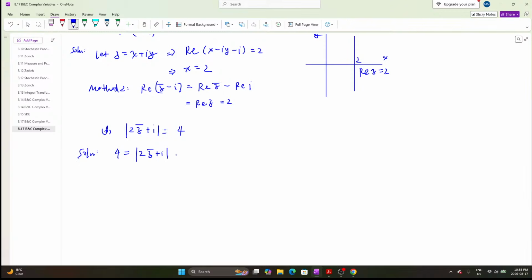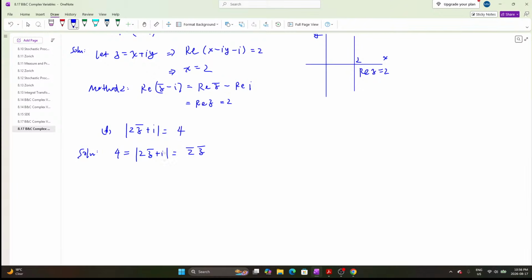Here you have a 2, which is just 2 bar, z bar. In the distance formula, you want a minus. The distance between a point z1 and z2 is the modulus of z1 minus z2. So let's create a minus sign.